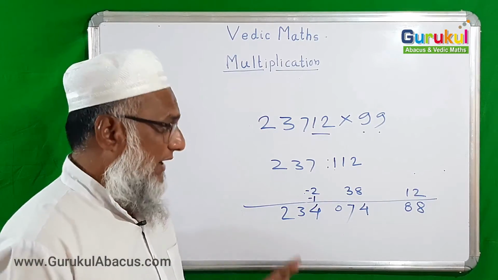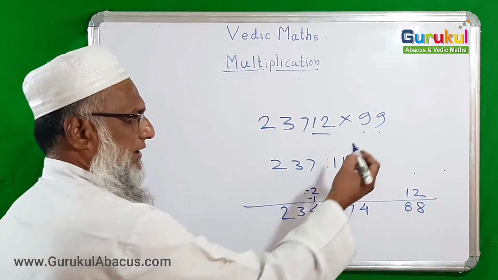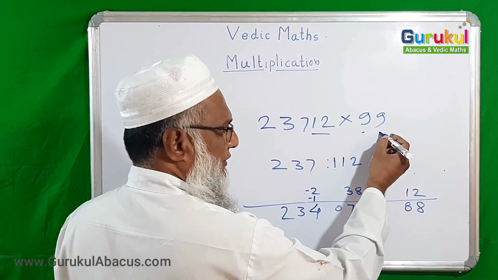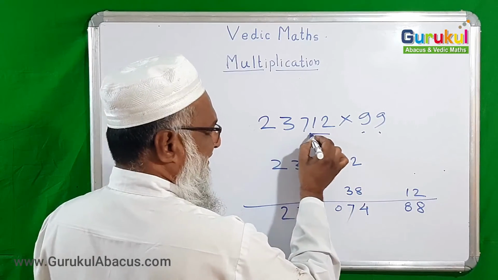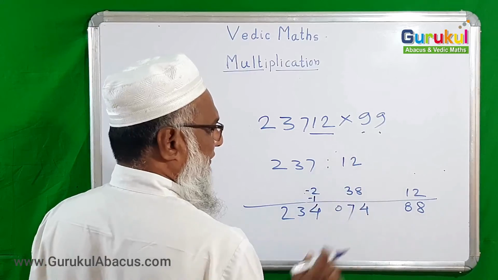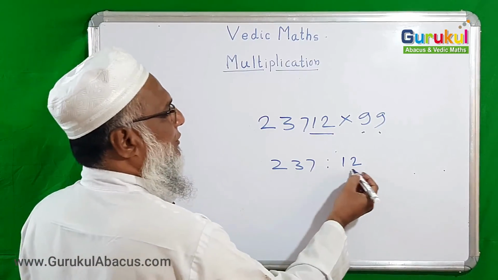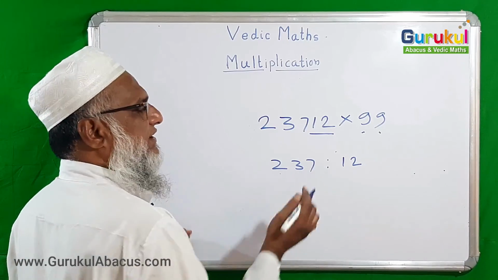This is the method. Again, to understand what we did to solve this example: the greatest number had 2 digits, so only 2 digits from this bigger number we put after the colon. I will rub it and write again. We wrote 12 here and 237 on that side.